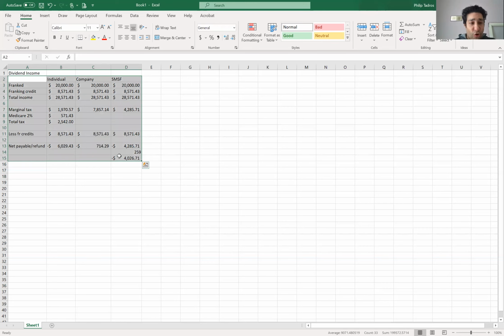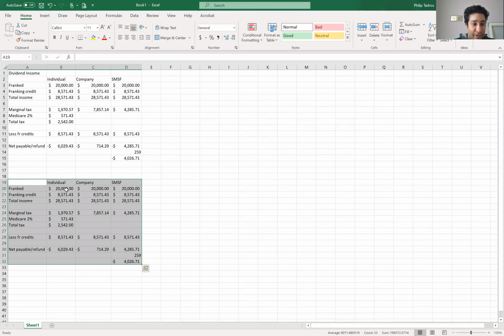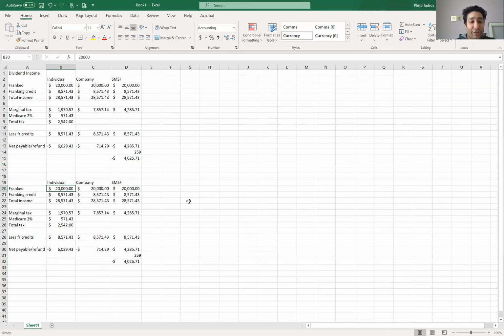Now, let's just copy this and paste it into another cell and increase the dividend to $40,000. Now, notice the franking credits have also moved because I've used the formula there based on a 30% company tax rate.